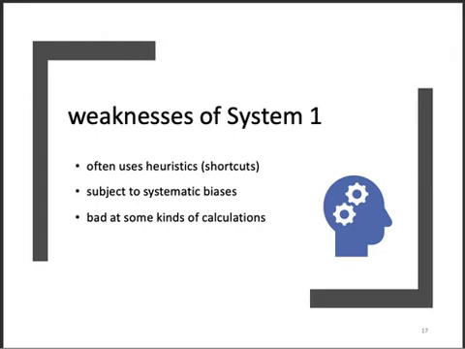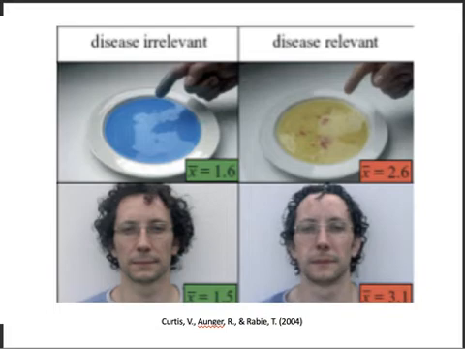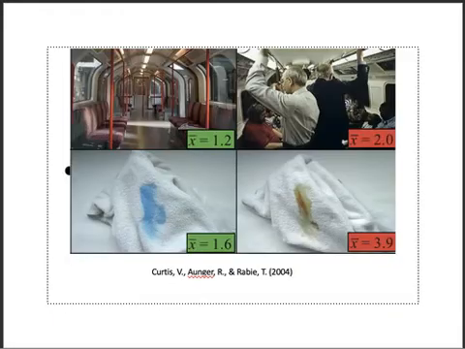But while there are undeniably certain strengths of System 1, at the same time, those strengths also lead to weaknesses. Because System 1 is very fast, it's often using what are called heuristics or shortcuts. For instance, it might be the yellow color of this liquid that System 1 is basing its judgment on, or the fact that yellowish and reddish colors are a heuristic for something being gross.